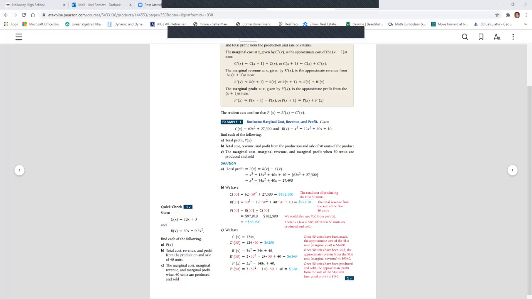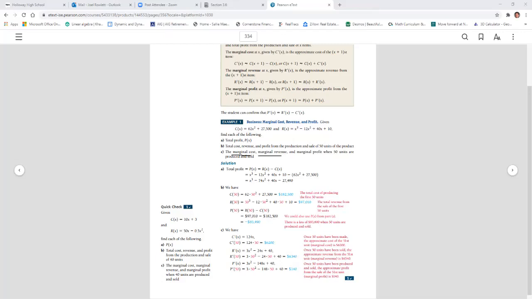And on part C, find the marginal cost, marginal revenue, and marginal profit. Now remember that the derivative of the cost function gives you the marginal cost. If you take the derivative of 62x squared, you multiply the 2 times 62, that will give you 124, and then you will have x to the power of 1. And of course, the derivative of a constant is 0, so the derivative of 27,500 zeroes out.